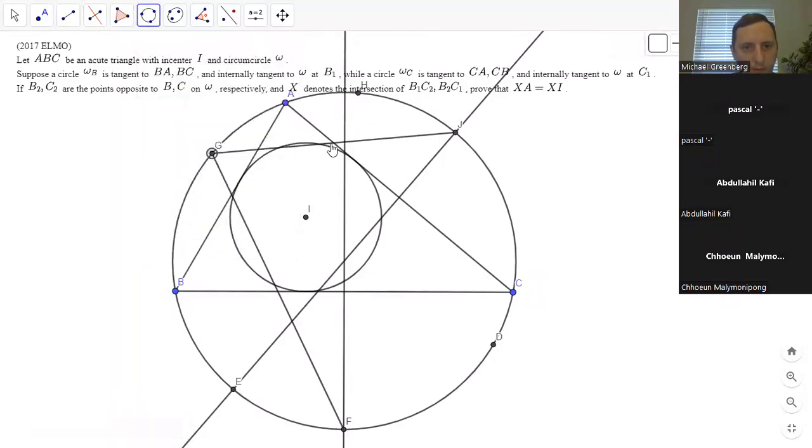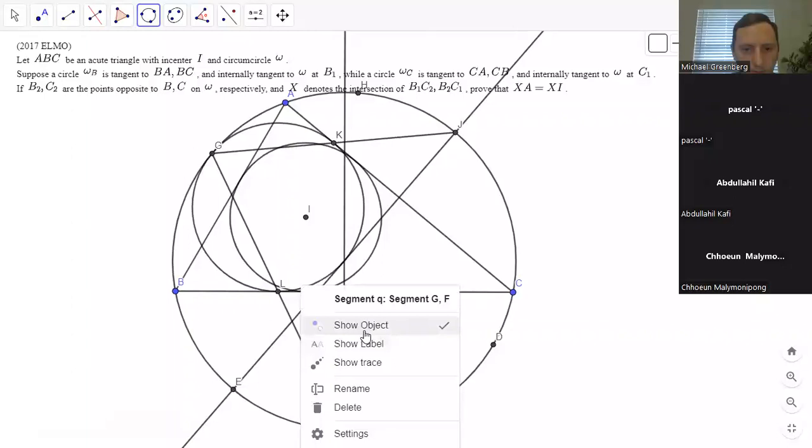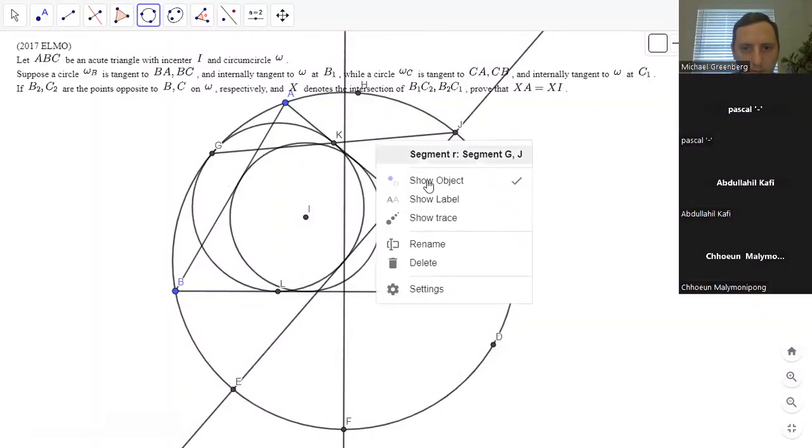So I need to take this circle. There we go. That's better. And then for H, I'm gonna hide this, hide this.